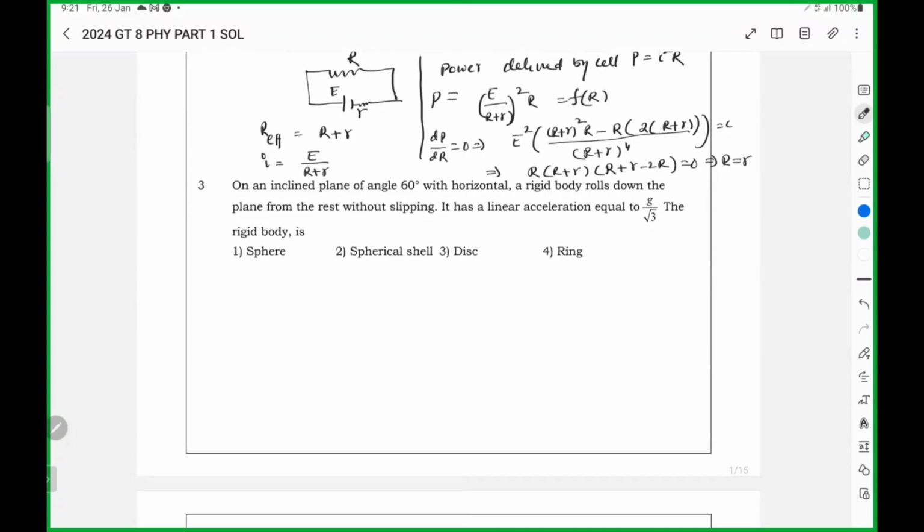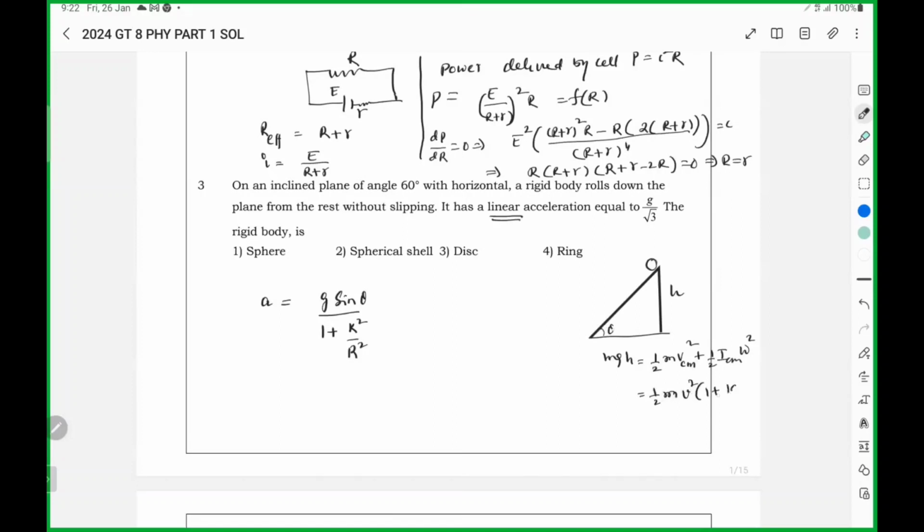Here, on an inclined plane, it has a linear acceleration. So the linear acceleration will be the acceleration of the center of mass. For a body which is rolling on an inclined plane, you can get this derivation by using energy. A round shaped body is rolling. mgh is equal to translational plus rotational kinetic energy, half mv square into 1 plus k square by r square.